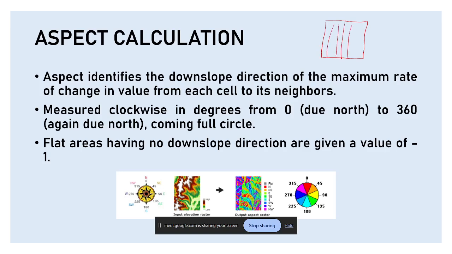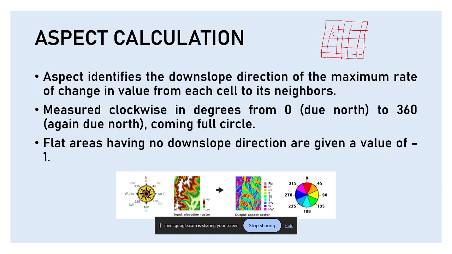You have these grids available, and each grid will have some sort of values telling you about what kind of slope is there, or slope aspect. You have grids telling you about slope, grids telling you about aspect. So basically here aspect will identify the downslope direction of the maximum rate of change.